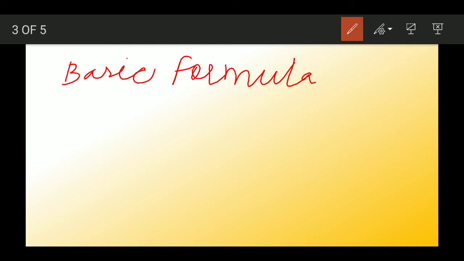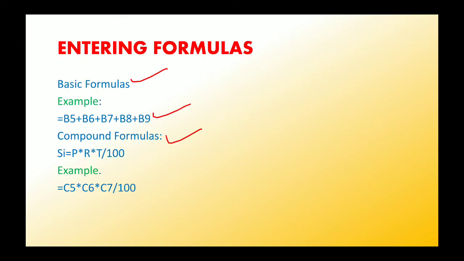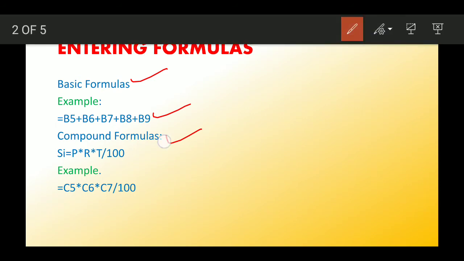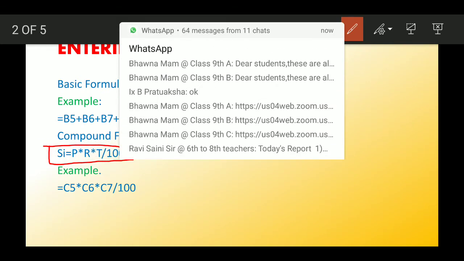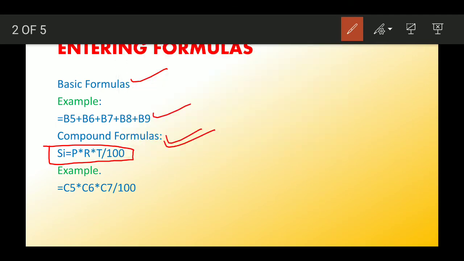We can perform complex calculations using another type of formula. As you can see in the previous slide, it is called a compound formula. In the compound formula, we have used this mathematical formula. What is this? This formula can calculate simple interest.